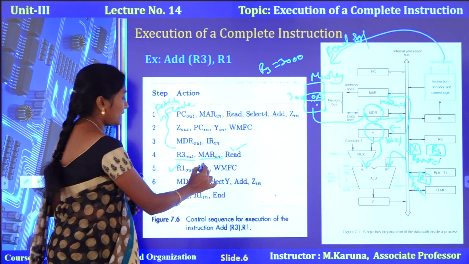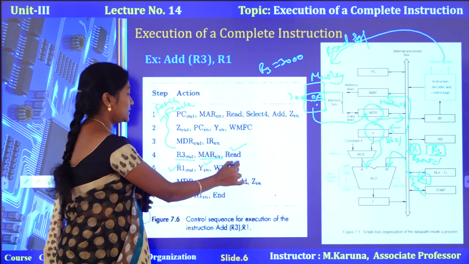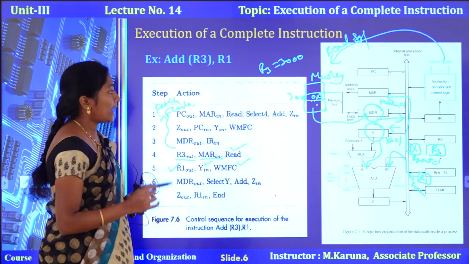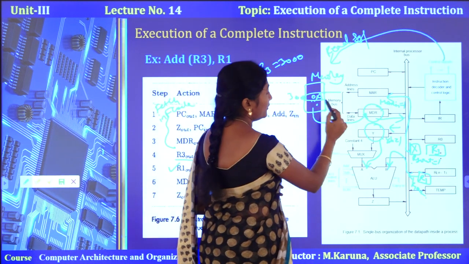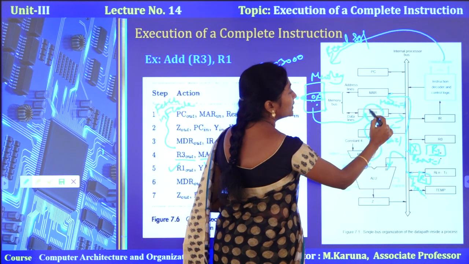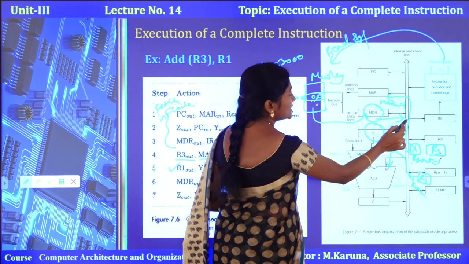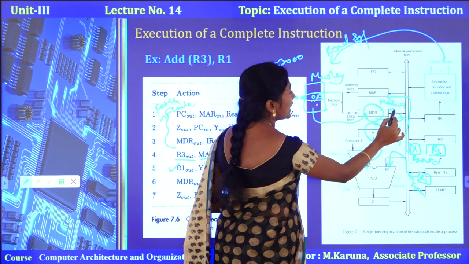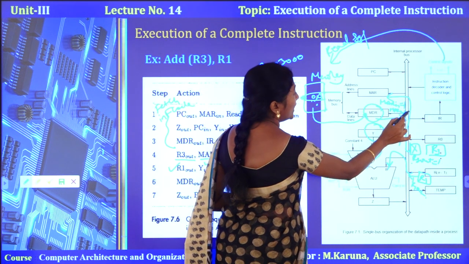So, that is what Yin is equal to 1, processor enters into waiting mode. Now, here the data coming from memory is placed in internal processor bus by making MDR out is equal to 1.